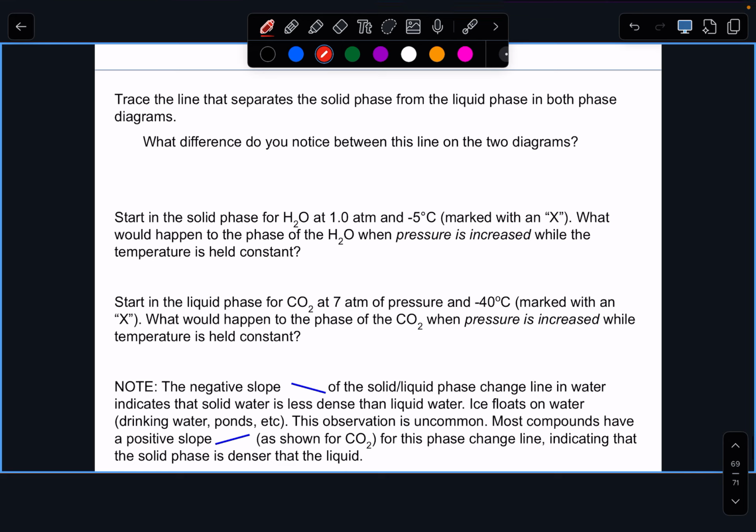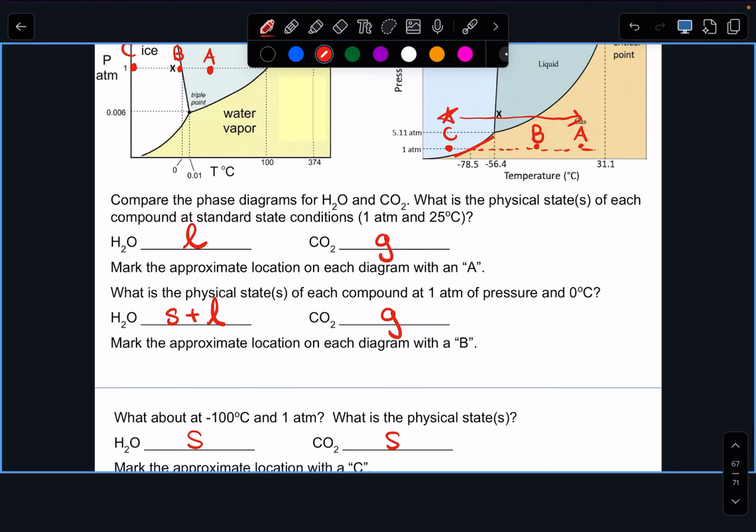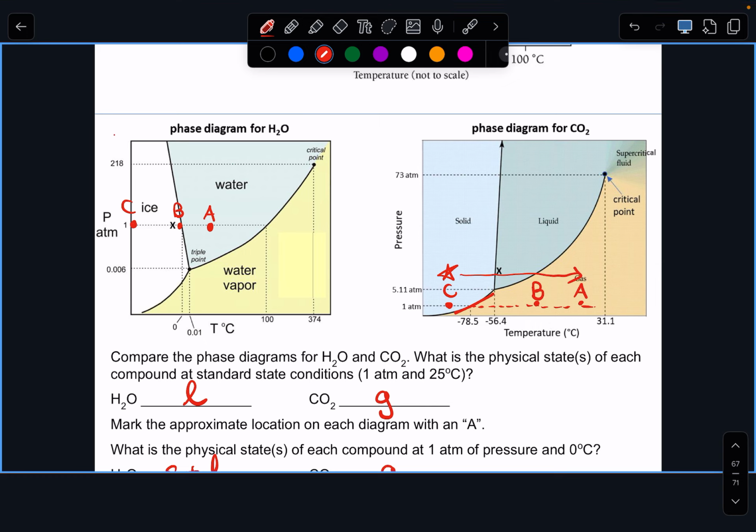Okay, last part, we're going to look at the lines on both diagrams that separate the liquid and solid phase. We're talking about these ones here. You should notice pretty quickly that they're different. Water has a negative slope when it's pointed this way, the math definition, right?